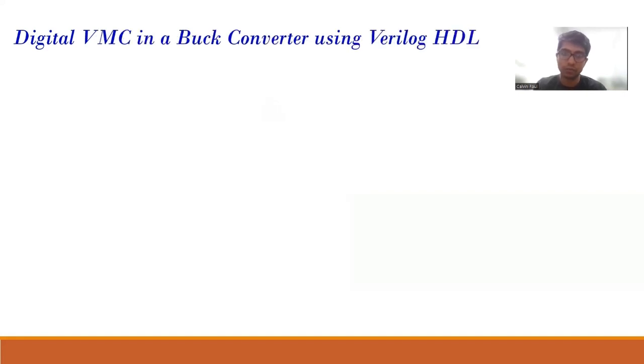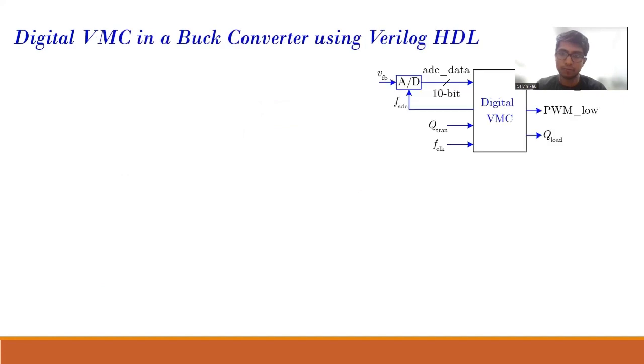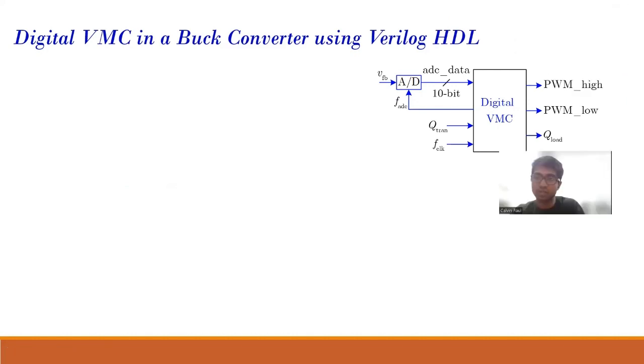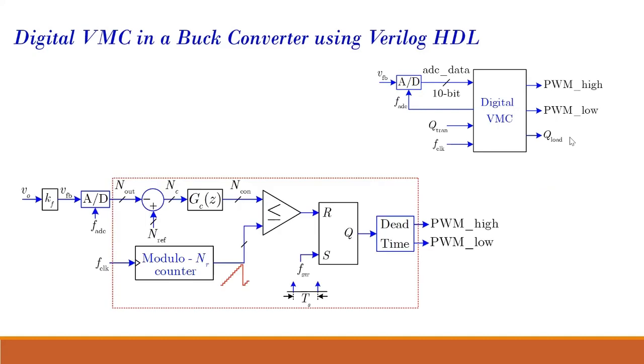So now we have a main module, a module for digital voltage mode control. It takes the sample value of the ADC. This is my ADC data, which is 10-bit ADC data. Then the clock signal is also there.